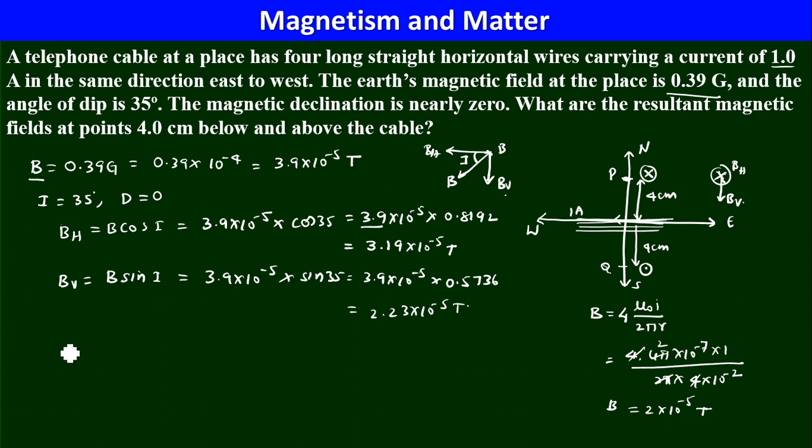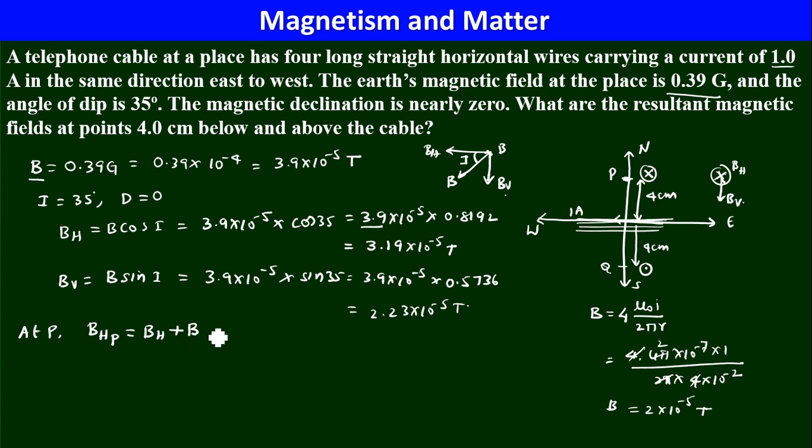Now if I consider point P, what will be the magnetic field? So here if you see, the horizontal magnetic field of Earth is into the page, and because of these wires the magnetic field is also into the page, so both of them are in the same direction. So the horizontal magnetic field at P is nothing but the horizontal Earth magnetic field plus the magnetic field due to this.